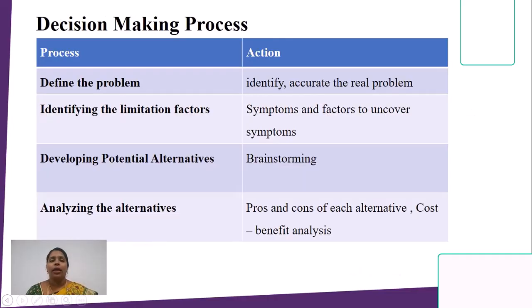Step 1. Define the problem. A well-defined problem is half solved. So it is the duty of the managerial economist to identify the problem and to define the exact problem. The accuracy of the real problem plays a crucial role in problem solving.